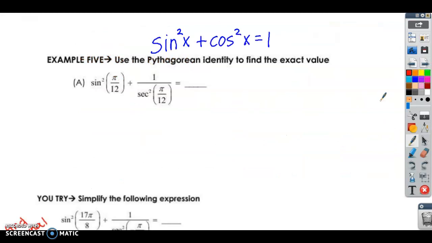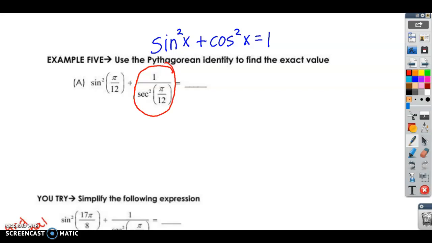All right, so here's an example of the Pythagorean identity. Sine squared plus cosine squared equals 1. So notice the two terms we have here. We do have the same angle value, which is nice. We don't have to do any changing, adding, or subtracting or anything. However, we also have to use a reciprocal identity because we know secant is the reciprocal of cosine.